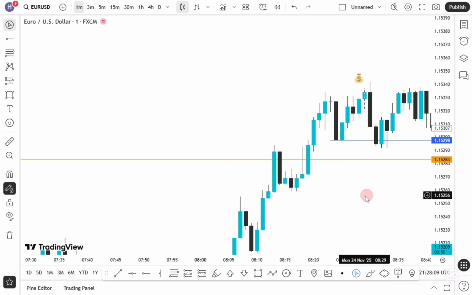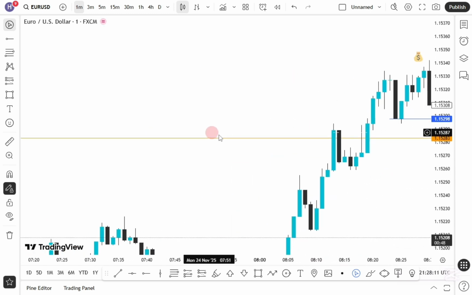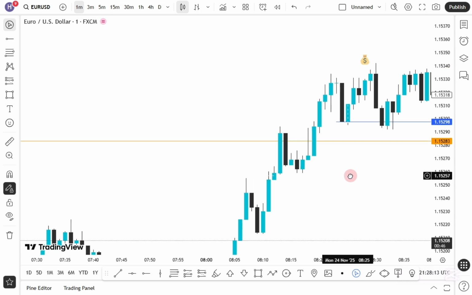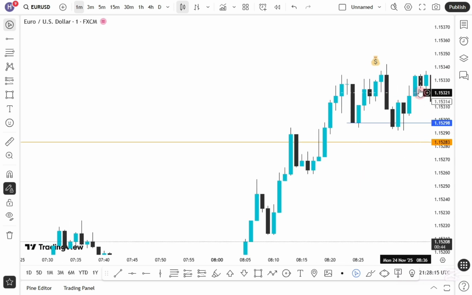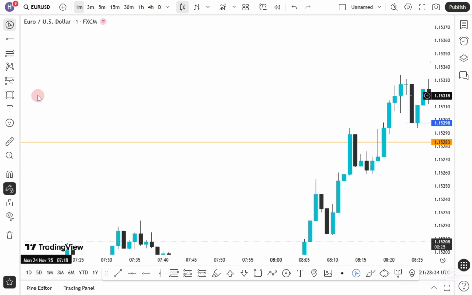Let me show you something like this. Okay, I take it here. Now, let's assume, for example, the market moves like this, and you see this market go bullish and close the fair value gap. The next thing I'm looking for is the next candle that will cross below the candle that closes the fair value gap.